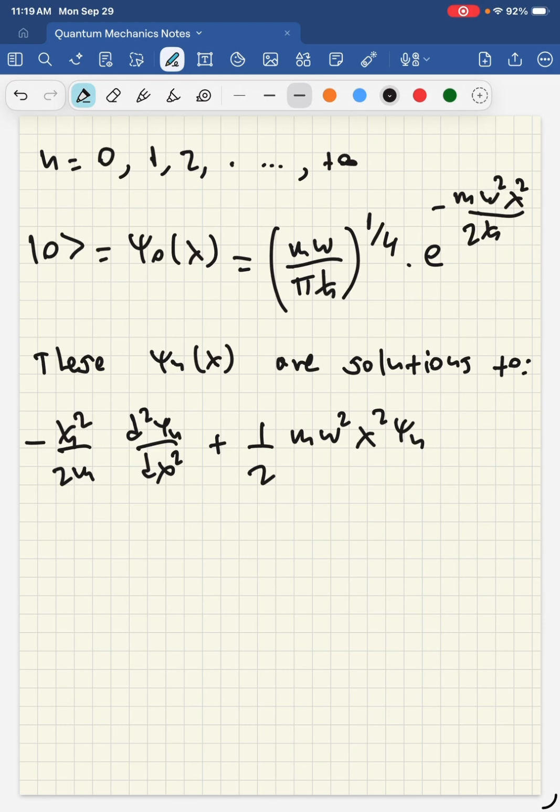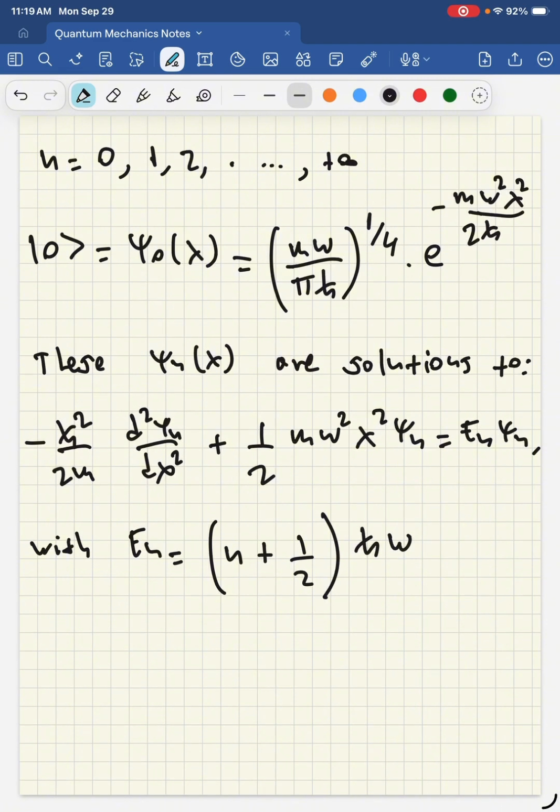I forgot the n down there, and this is equal to En Cn, with En being the energies or the eigenvalues of the harmonic oscillator given by n plus 1/2 h bar omega. Okay, so there is an equal spacing between the eigenvalues of the harmonic oscillator.